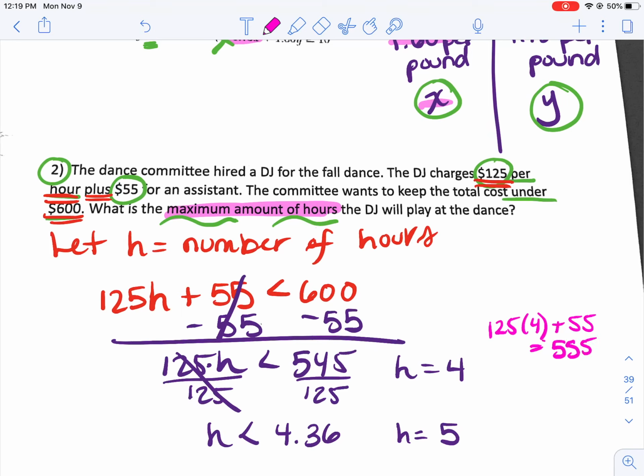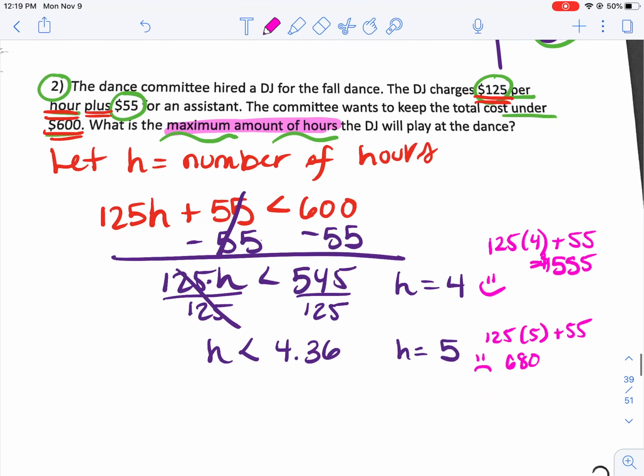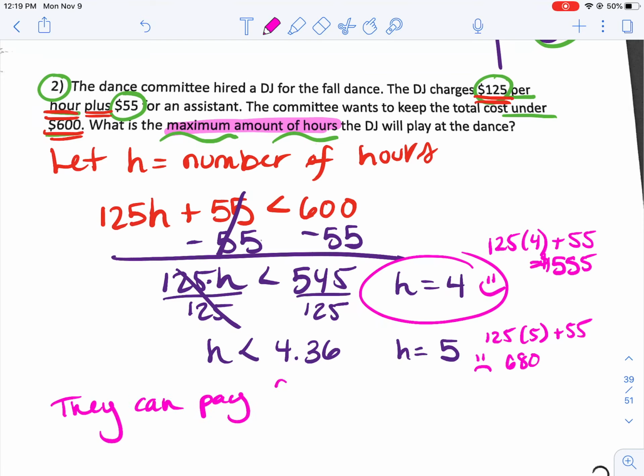That is good news because that is less than 600. If we do 125 times 5 plus 55, oh dear, we get 680. So that's not good. So our answer would be they could pay for 4 hours of a DJ.